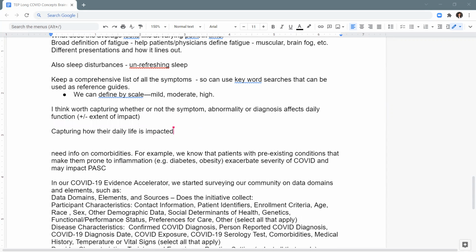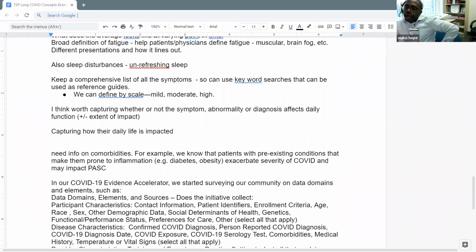So we've talked a lot about symptoms. We talked about the importance of knowing whether or not a patient was ever admitted, the hospitalizations, where they were, the type of unit they were hospitalized with. We talked about daily life impact, so impact on prior illnesses.